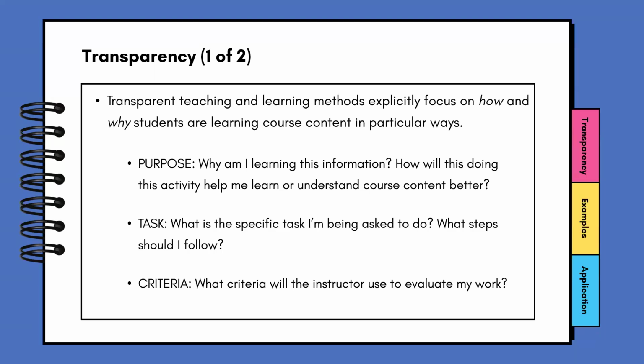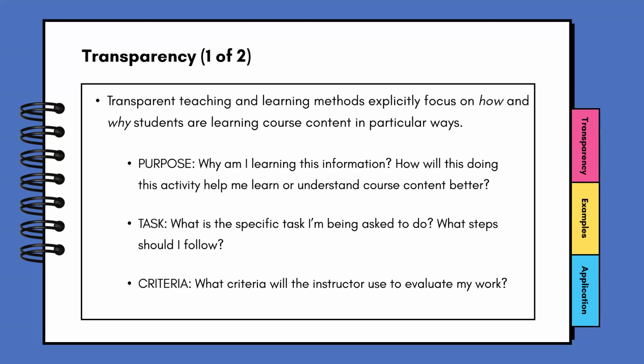And the third part is criteria. You want to make it clear to your students, what are you being asked to do, right? And so how will you be evaluated? So easy ways of ensuring that you hit that mark is including checklists, rubrics, and making sure that students have it well in advance so that they can self-evaluate as they complete the work.